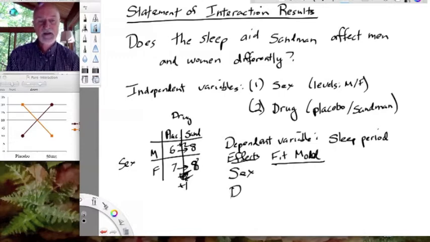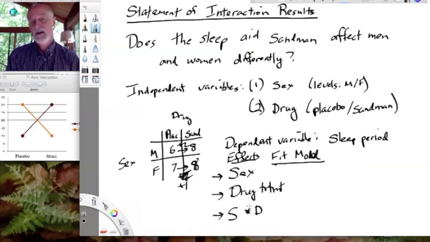So we have sex, we have drug treatment, placebo versus drug, and we have sex cross drug treatment. So there are three effects in our model. The main effect of sex, is there a sex difference? The main effect of drug, is there a drug difference? And does the effect of drug depend upon sex? By the way, just as a matter of course, if we design a two-way factorial experiment, typically we will be interested in this bottom line.